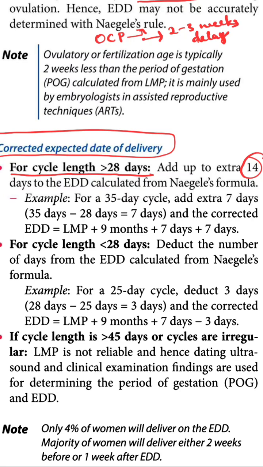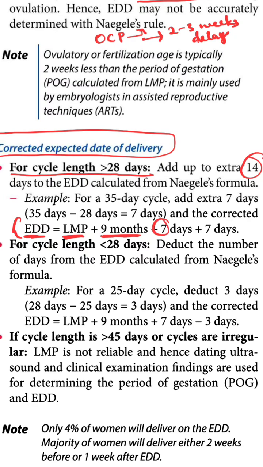First apply the formula: LMP plus 9 months plus 7 days. Then 35 minus 28 is 7 days, so the corrected formula will be LMP plus 9 months plus 7 days plus 7 days.